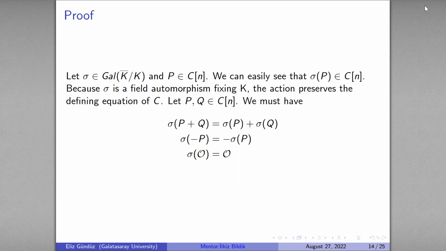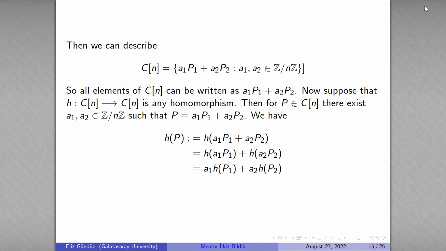To put it differently, we can see Cn as an abelian group. Then for each sigma in the Galois group, this sigma gives a group homomorphism from Cn to itself. And we know that sigma has an inverse, so we can say that sigma gives a group isomorphism from Cn to itself.